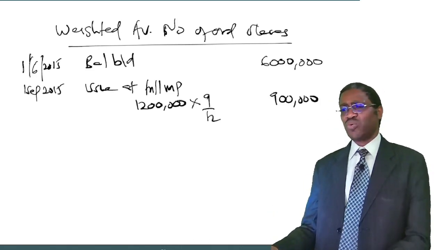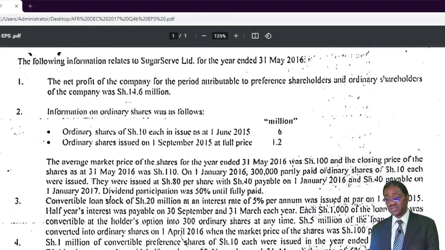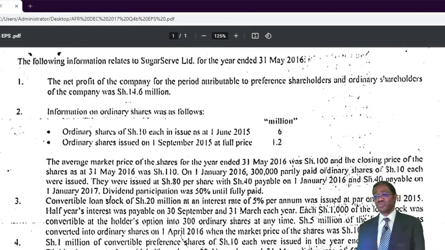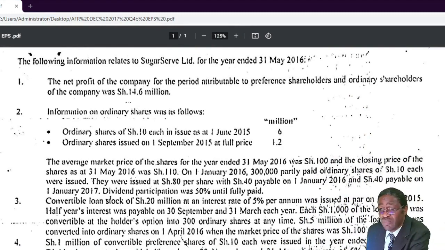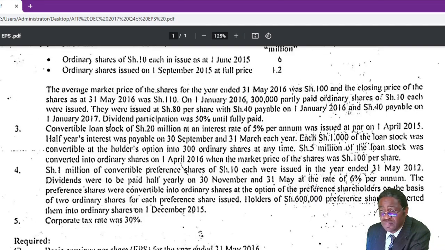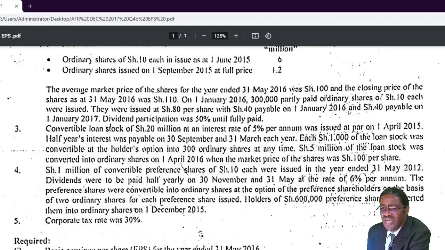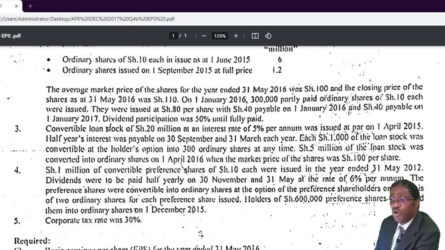Then we go back to the question, find out what came next. Still on the same note number 2, they are saying the average market price of the company shares for the year ended 1st of May 2016 was 100. And the closing market price was 110.